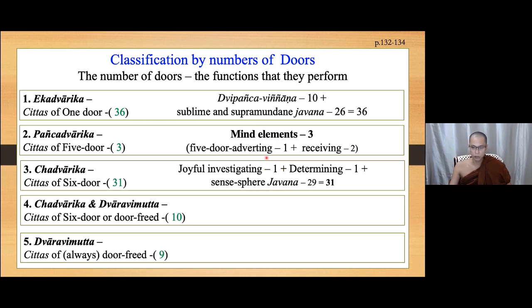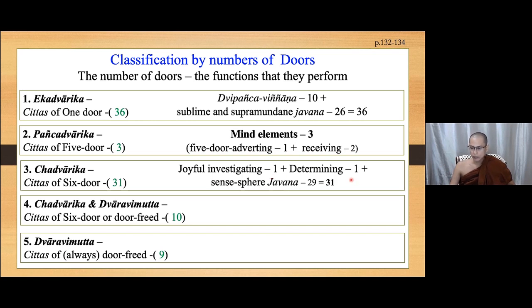So here, joyful investigating. We need to know how they can arise. That is why the number of doors relates to the function. So when joyful investigating performs the function of registration, it can arise in the mind door.